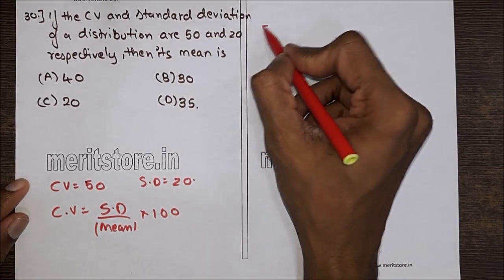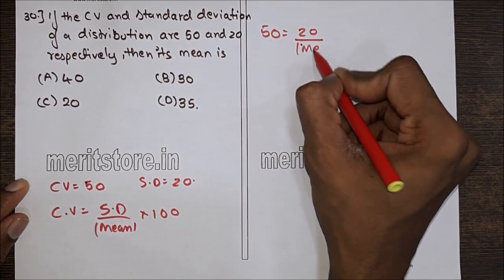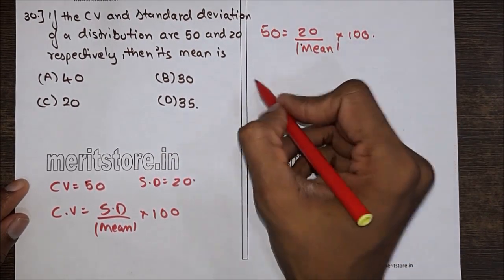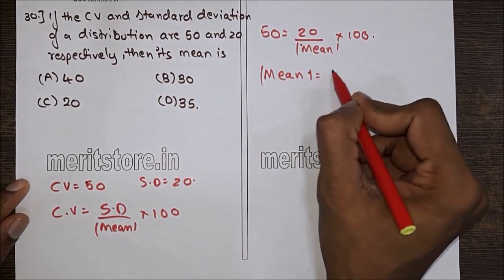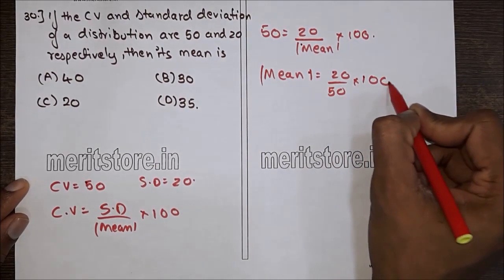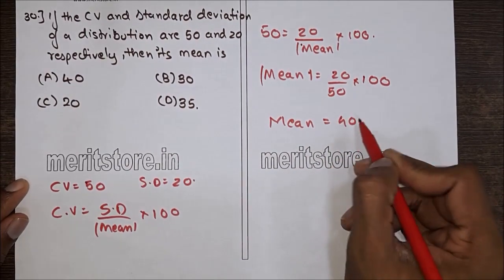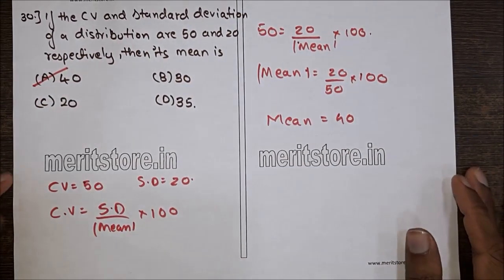Substituting the value, we get 50 is equal to 20 by mean into 100. For solving this, we get mod of mean equal to 20 by 50 into 100, which is, we get mean is equal to 40, which matches with option A. Therefore option A is the correct answer.